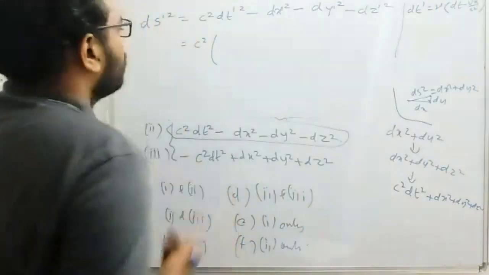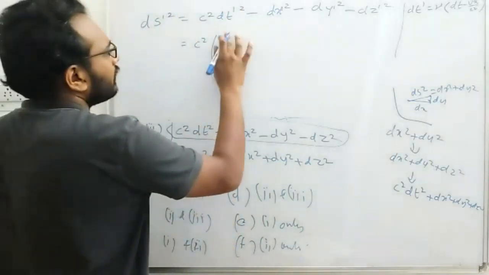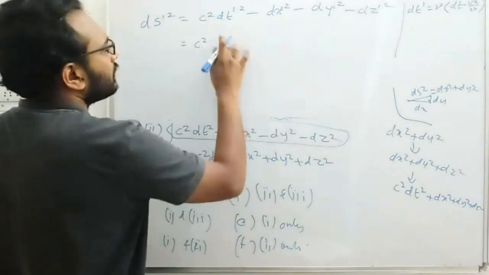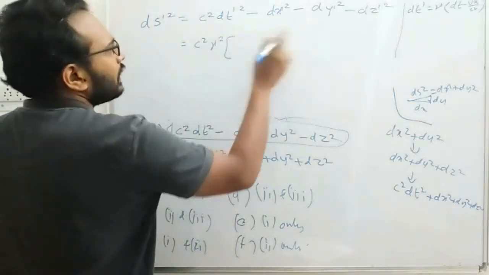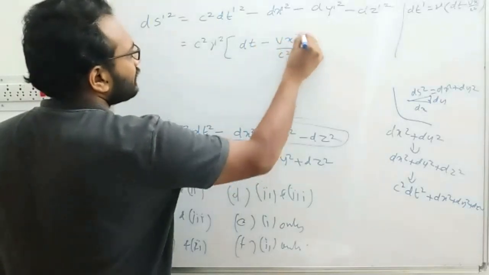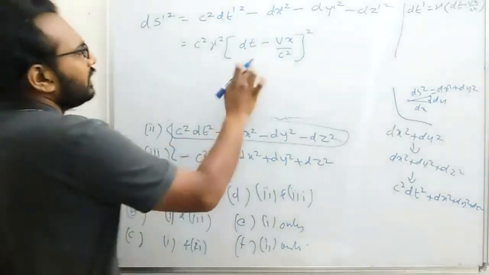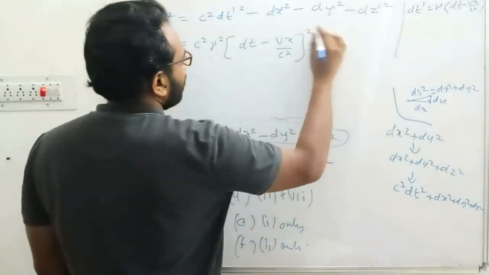Yeah, let's write it like that. So we have got this gamma square. I think I can pull it outside. Okay, gamma square, and we have got dt minus vx by c square. I've just applied the Lorentz transformations in the differential form. dt minus vx by c square, minus, what about dx prime square?